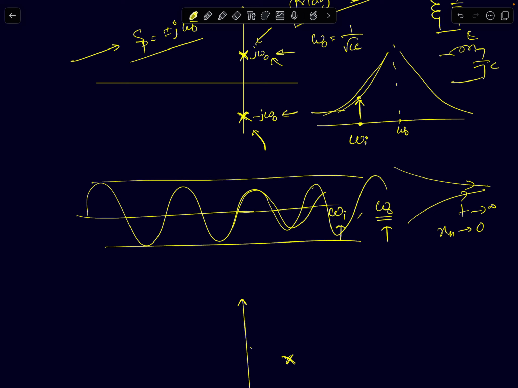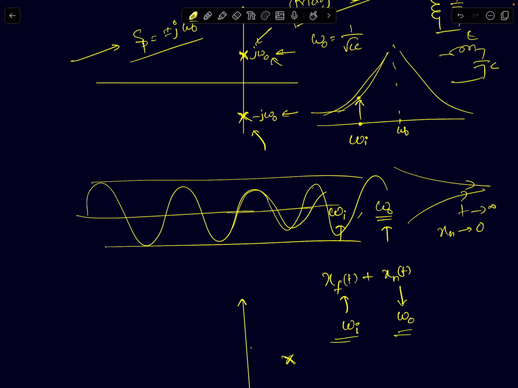It will be a sinusoid. So now you will have two responses, the forced response plus the natural response. The forced response will contain a frequency which is the same as the input frequency. The natural response has a frequency which is the resonant frequency of the system, which is why you now see two responses.